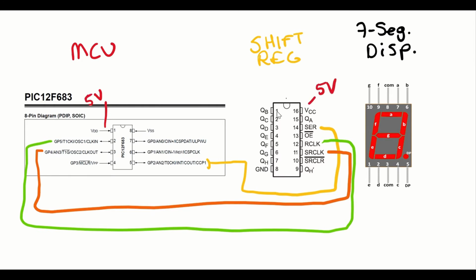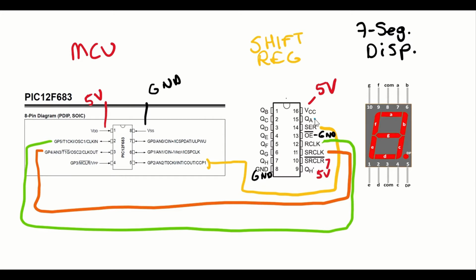VDD will be connected to 5 volts, VCC also 5 volts, VSS to ground, ground to common ground. Output enable will also be connected to ground, and shift register clear will be connected to 5 volts.